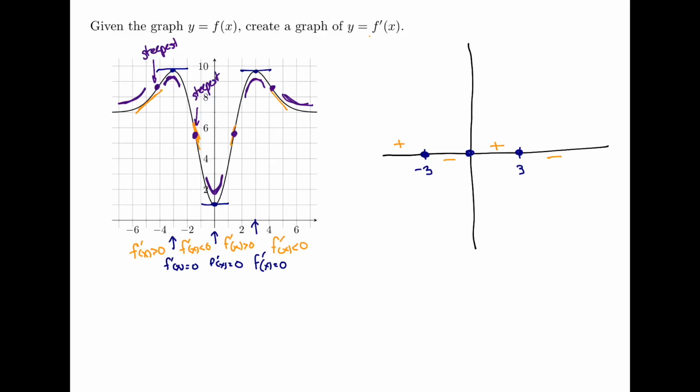And now let's take into account our extreme slopes, our steepest slopes. And so just maybe a little bit past negative 4, I reach the highest positive slope. So this corresponds to the slope value. And if I thought about what that means, there would be a tangent line here.